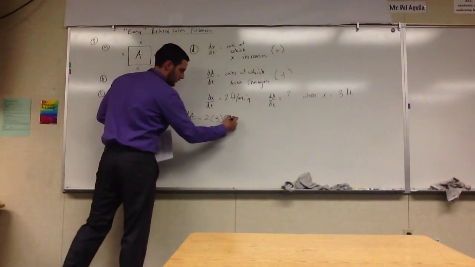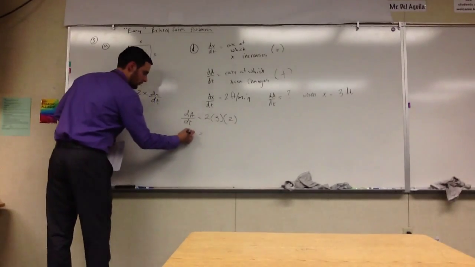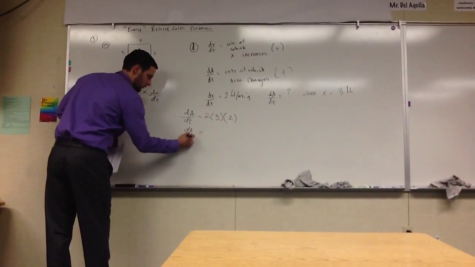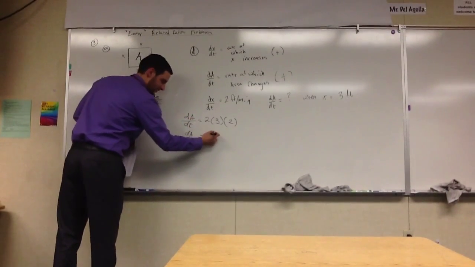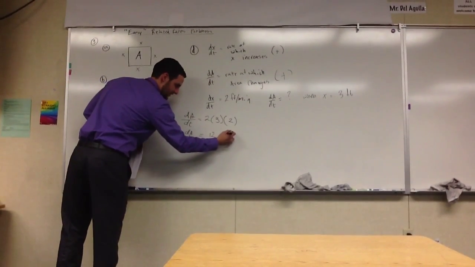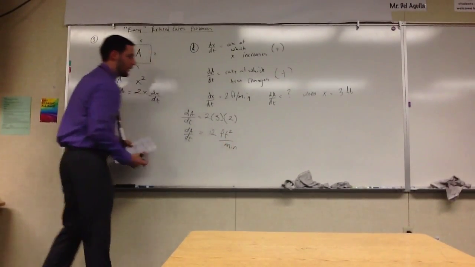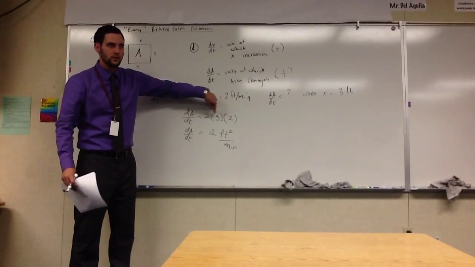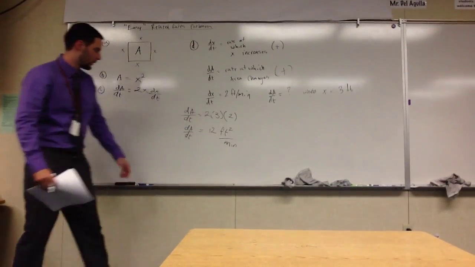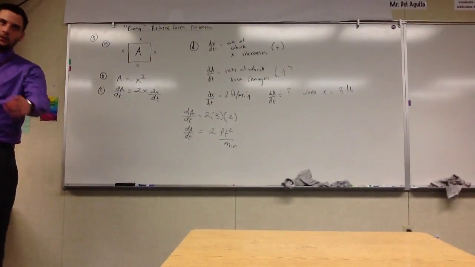That's feet squared per minute. That's right. It's feet squared because you have feet times feet per minute, so it's feet squared, also still per minute. Or you can just think, oh, it's area, so it's got to be feet squared per minute.